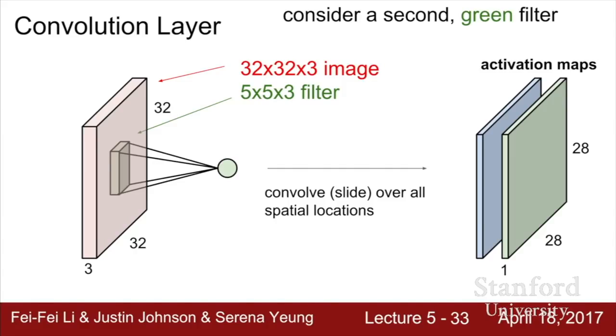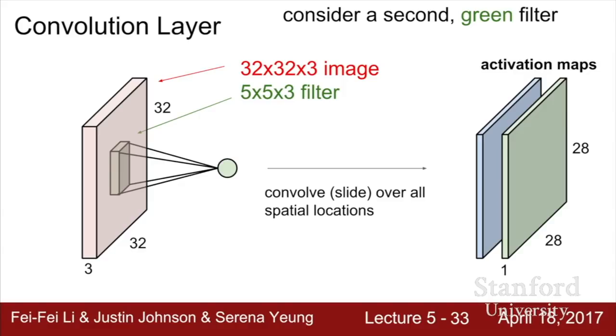Okay, so what we just saw earlier is taking one filter, sliding it over all of the spatial locations in the image, and getting this activation map out, which is the value of that filter at every spatial location. When we're dealing with a convolutional layer, we want to work with multiple filters, because each filter is looking for a specific type of template or concept in the input volume. So here I'm going to take a second filter, this green filter, which is again 5 by 5 by 3.